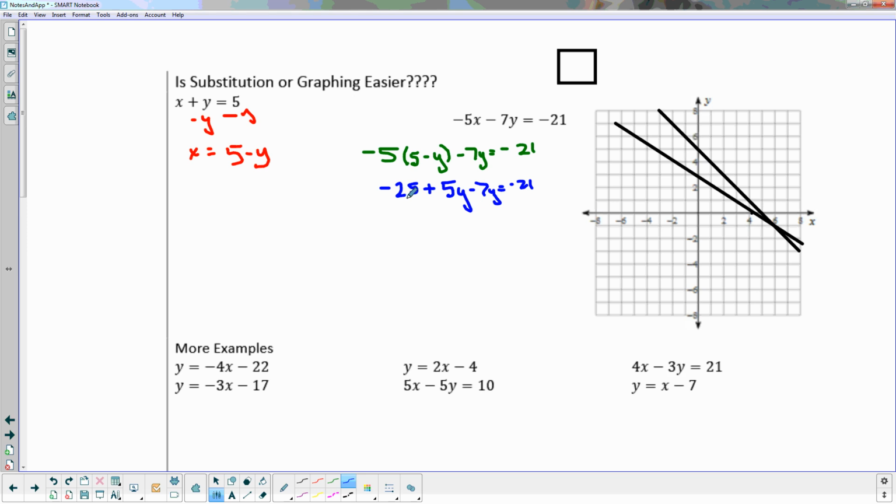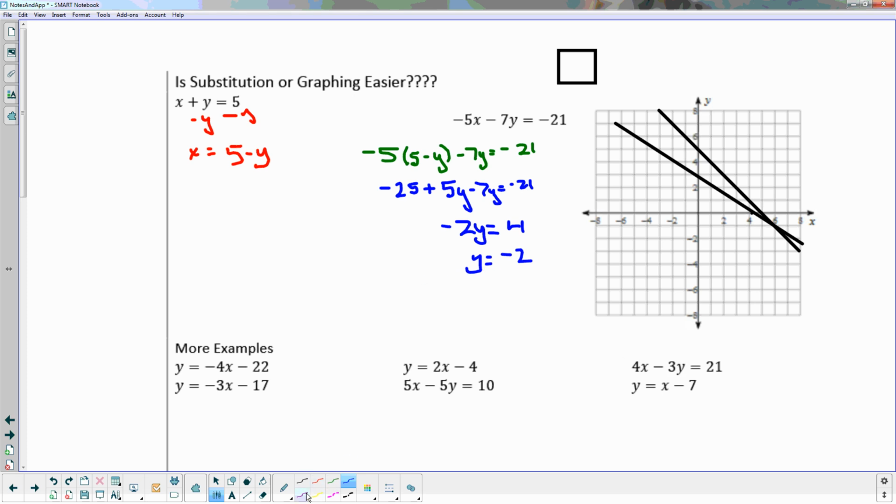So at the same time, I'm going to add 25 to both sides, and I'm going to combine my y's. I'm going to get a negative 2y here. And negative 2y is going to equal, it looks like, positive 4. And so if I divide by negative 2 on both sides, I get y equals negative 2.